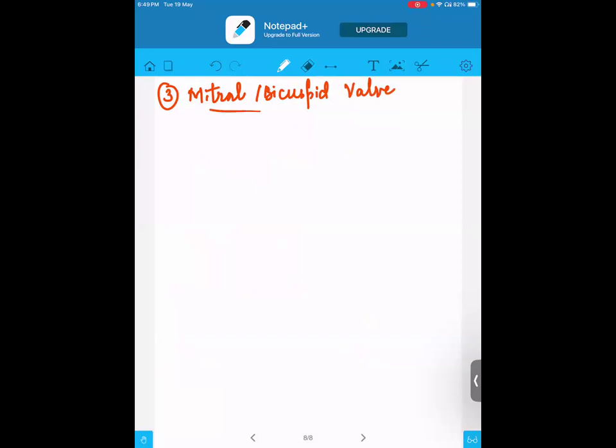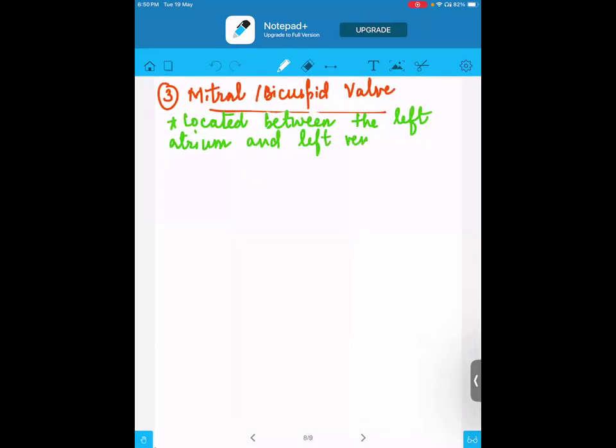So the mitral or the bicuspid valve, if I talk about the location, they are located between the left atrium and left ventricle. Left atrium and left ventricle. So that is how their position will be.